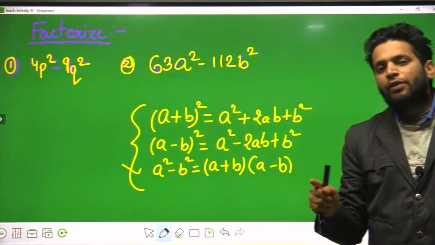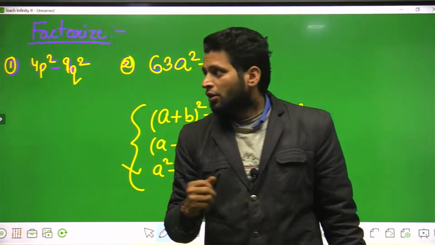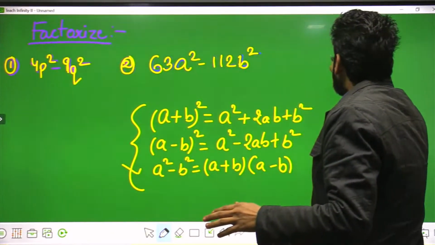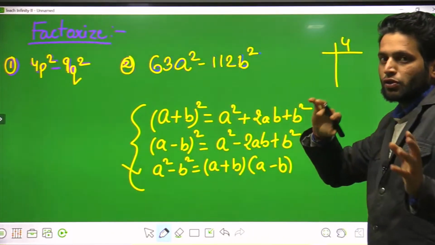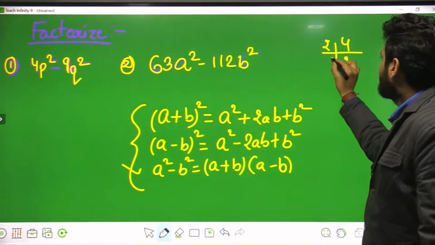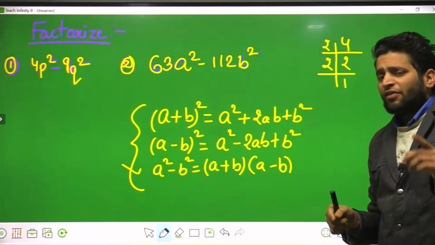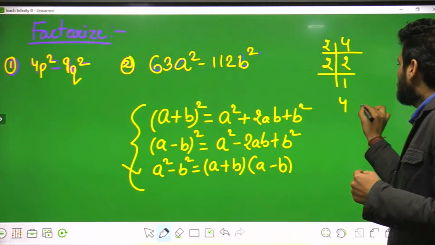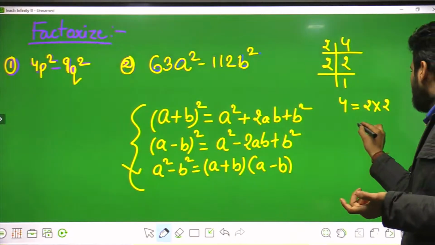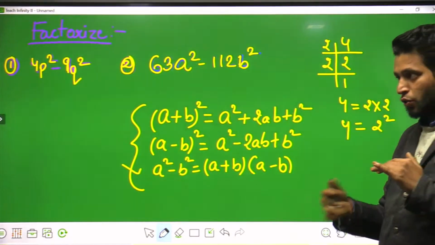So first we convert these numbers into squares. To do that, we find the factors. We divide 4 by 2 and get 2, then divide again by 2 and get 1. So 4 is equal to 2 multiply 2, which is 2 square. We can write 4 as 2 square.